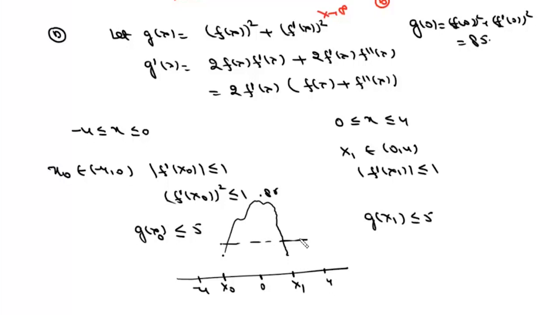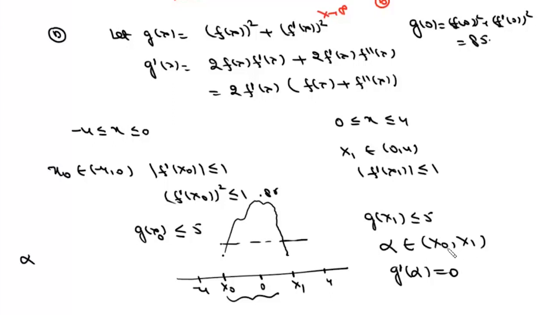Now since this function is continuous and differentiable, there exists at least one point alpha in the interval (x0, x1) where g'(alpha) is equal to 0.